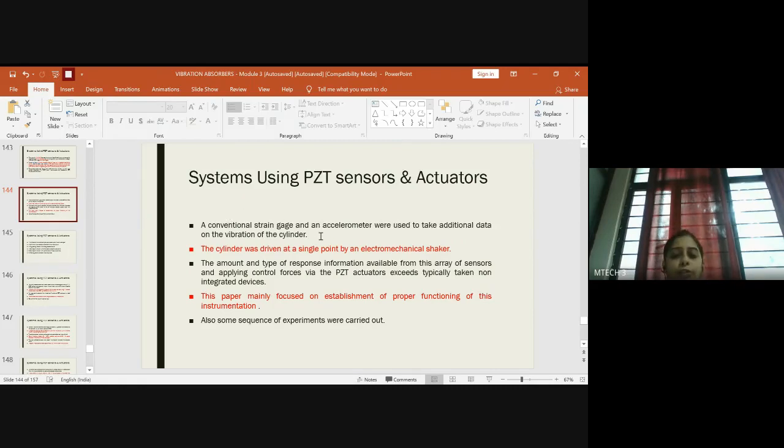And now a question might arise in you: why does a vibration component come into the aluminium cylinder we were discussing? Because the cylinder we are using is made of aluminium and will be driven by an electromechanical shaker. You know how a cylinder looks. If you connect that cylinder to an electromechanical shaker, this makes the cylinder vibrate.